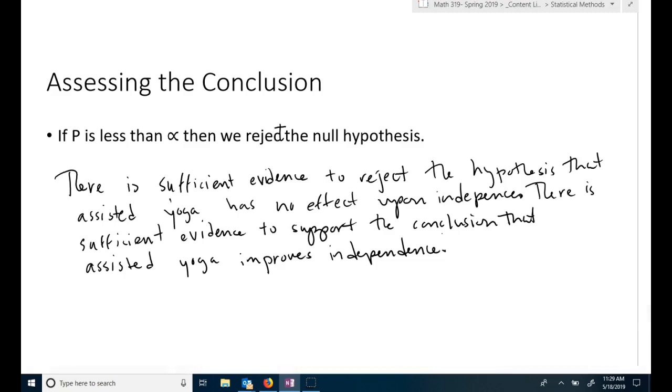And then I get a p-value and my test statistic. And so if p is less than alpha, we reject the null hypothesis, and that gives me that there is sufficient evidence to reject the hypothesis that assisted yoga has no effect upon independence. And that concludes our mini lesson on the matched pairs.